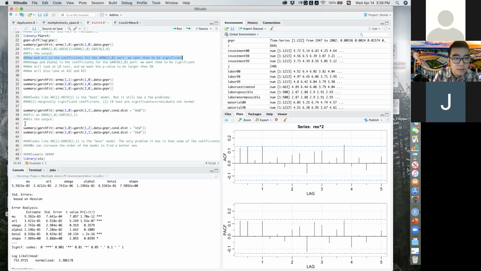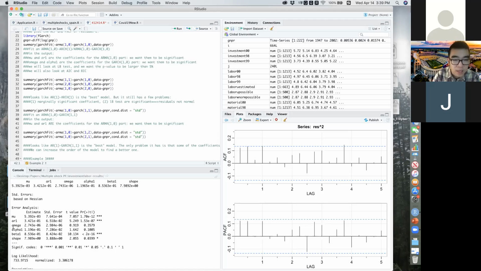similarly, mu and AR1 are the coefficients for the ARMA(1,0) part. And omega, alpha 1 and beta 1 are the coefficients for the GARCH(1,1) part.